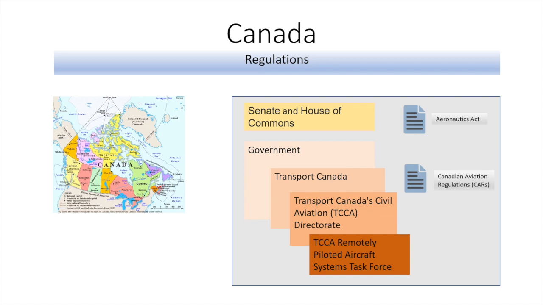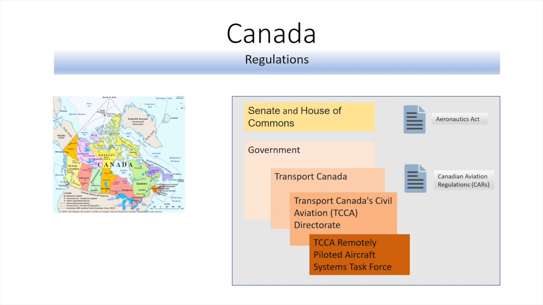As a matter of fact, Transport Canada has the Transport Canada Civil Aviation, TCCA, Directorate, which is the analog of the US FAA and European Union EASA. All three organizations exchange information about aviation safety, including drone safety.